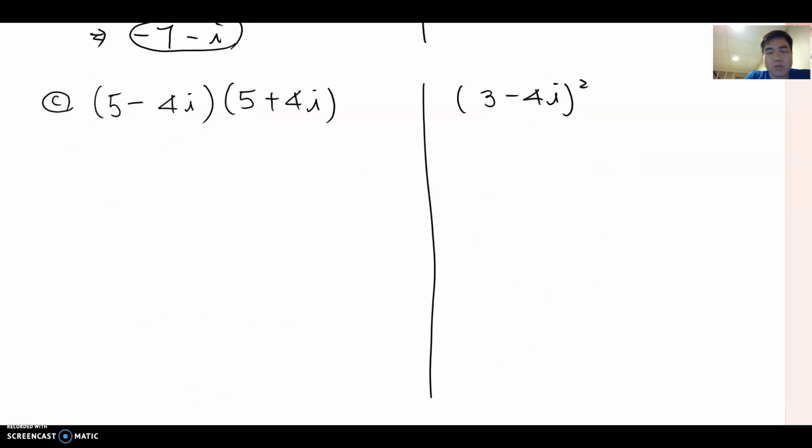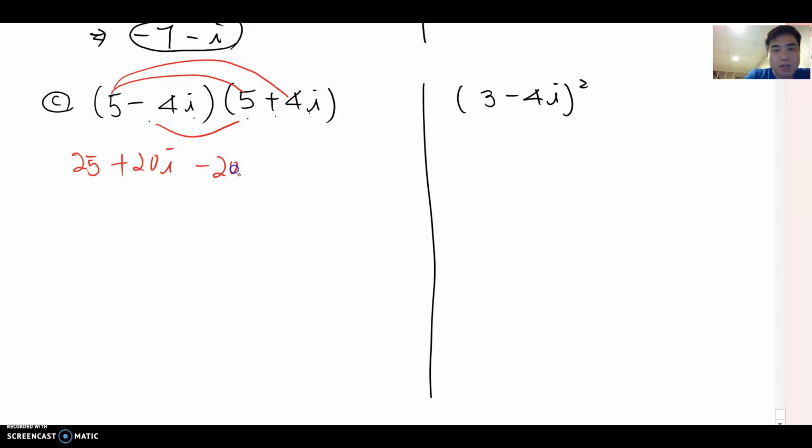That will be the answer for this operation. So let's talk about two more questions. Look at problem C. Of course, we will do the FOIL method, right? But please look at those numbers carefully. The 5 minus 4i and the 5 plus 4i. So as usual, let's fold them out first. This becomes 25, this becomes plus 20i and minus 20i and minus 16i squared.